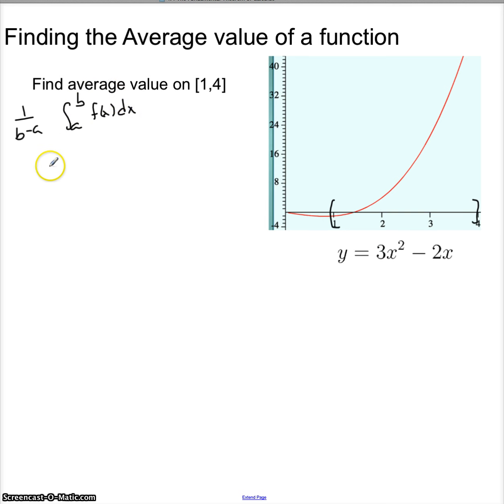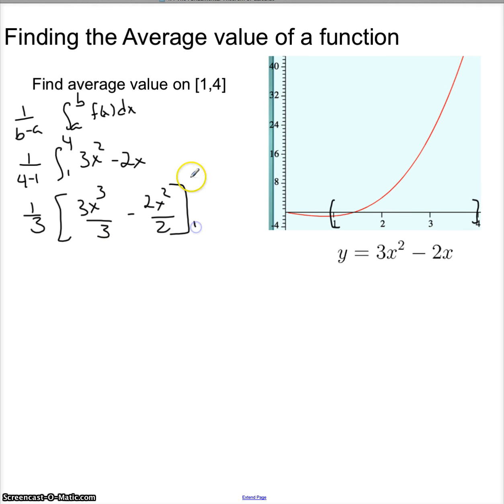All right. So this is 1 over 4 minus 1 times the integral from 1 to 4 of 3x squared minus 2x. So this is 1/3 times 3x cubed divided by 3 minus 2x squared divided by 2, evaluated at 1 and 4. Let me rewrite this. It's 1/3 times x cubed minus x squared, evaluated at 1 and 4.